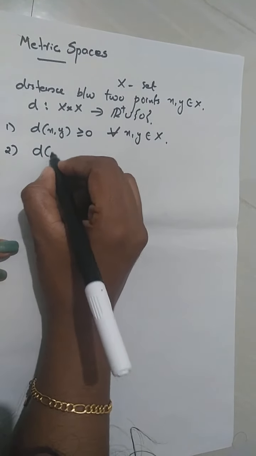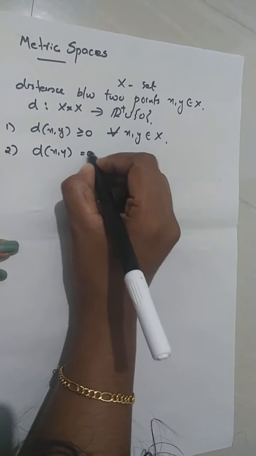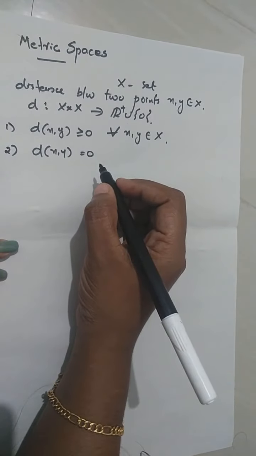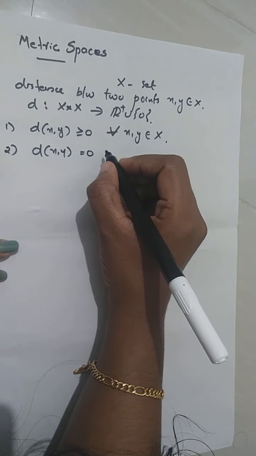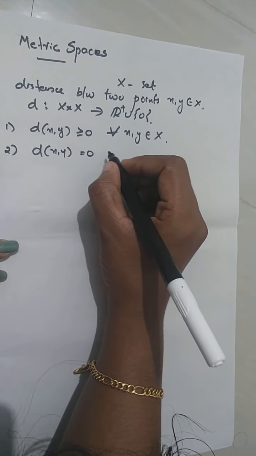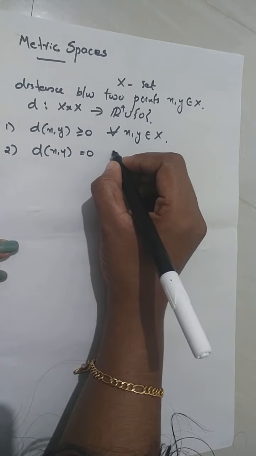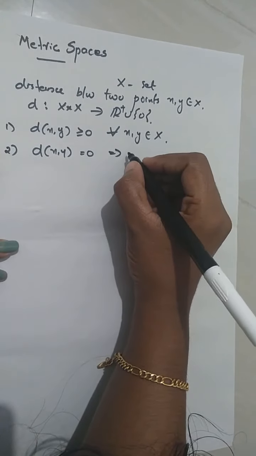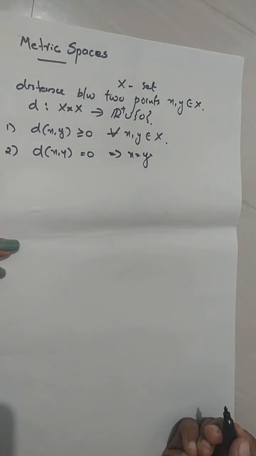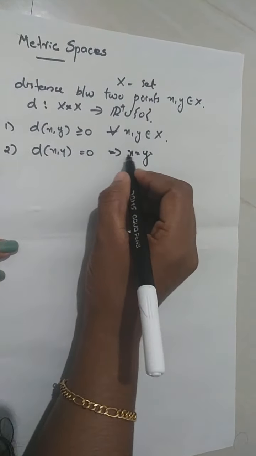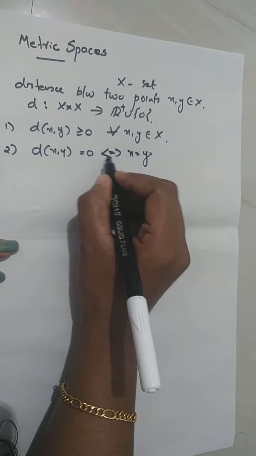Second point, whenever the distance is equal to 0, then we know that they are the same points, right? The distance between two points is 0 only when x is equal to y, and the reverse also: when x equals y, the distance between those two points is 0.